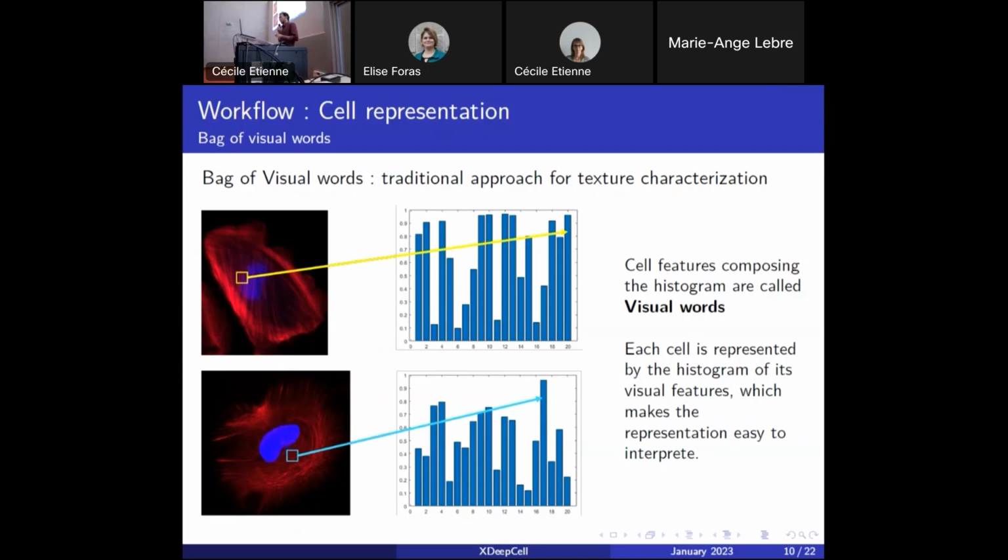So it's very easy to interpret. And also, the fact that we extract those visual words on patches here on the image, we can go back from this representation to this one. Always, we want to stick to biological properties.